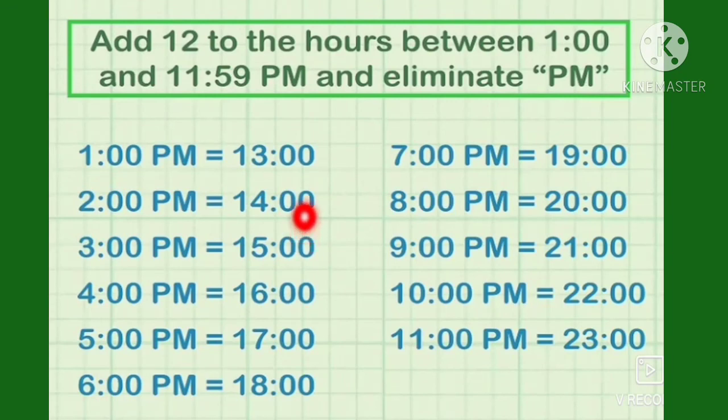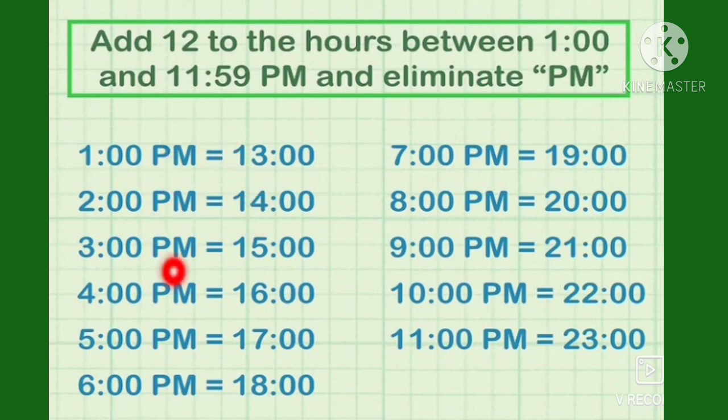Fourth note: add 12 to the hours between 1 and 11:59 PM and eliminate PM. For the afternoon, evening and night hours, simply add 12 to the 12-hour time to convert it to 24-hour time.